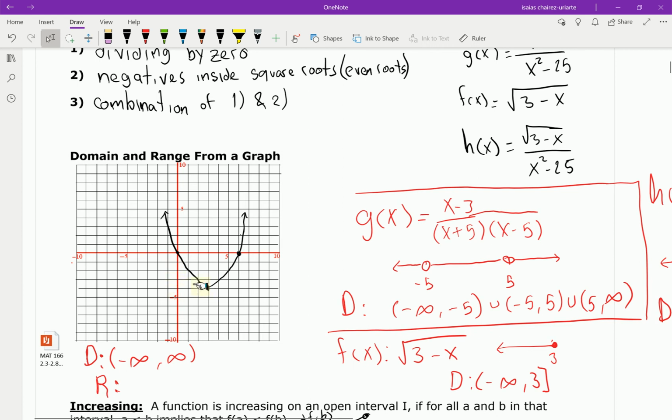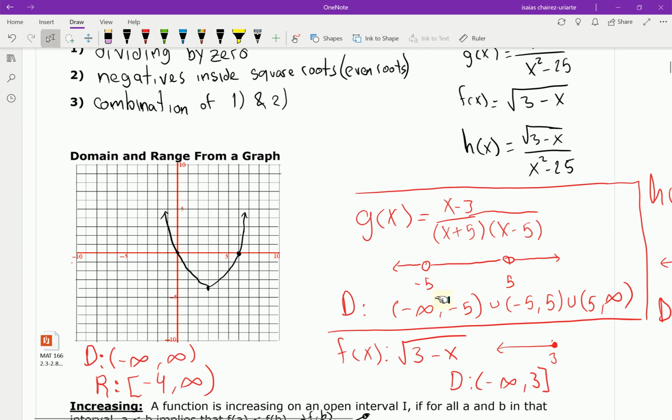So it goes down all the way to negative 4. And how far up does it go? It goes all the way to positive infinity. It keeps on going up forever. So I am going to say that the range is bracket negative 4 to positive infinity. The bracket is because the point 3, negative 4 is part of my graph, so it's included.